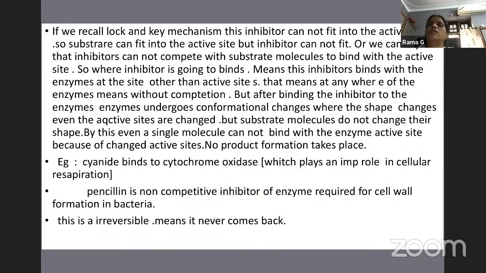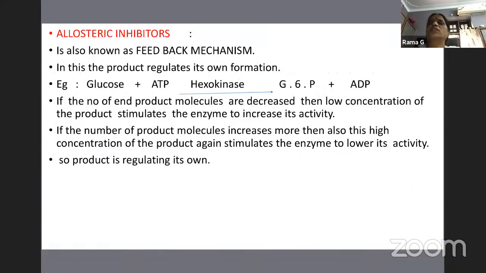For examples, cyanide acts on cytochrome oxidase, and penicillin is a non-competitive inhibitor. And in allosteric inhibitors, there is a self-controlling mechanism.